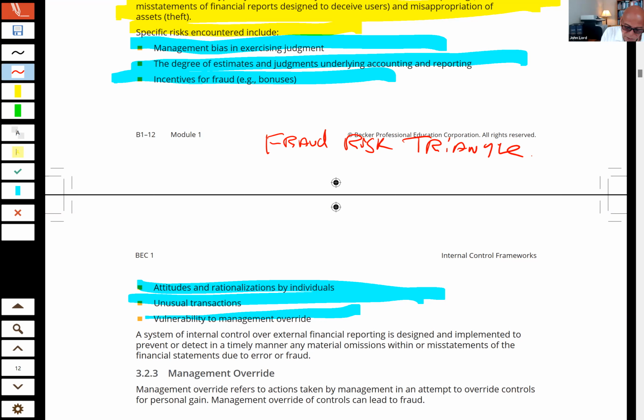And in this sort of theoretical information, in this guidance, they talk about the fraud risk triangle, and there's something called incentive and pressure. There's opportunity. I guess I'll put a box around each one of these.